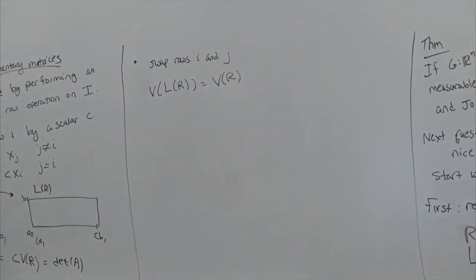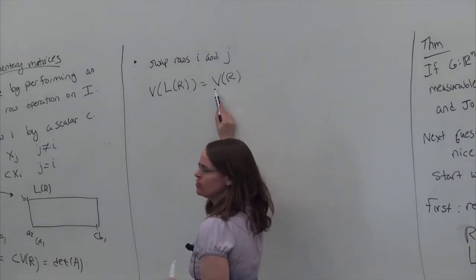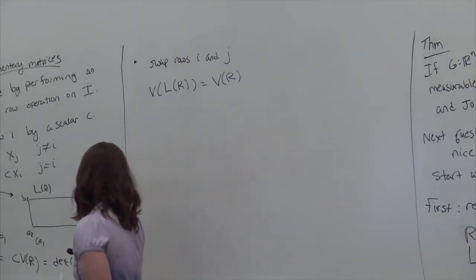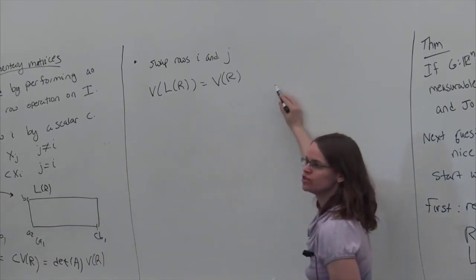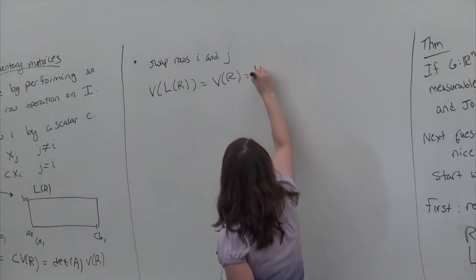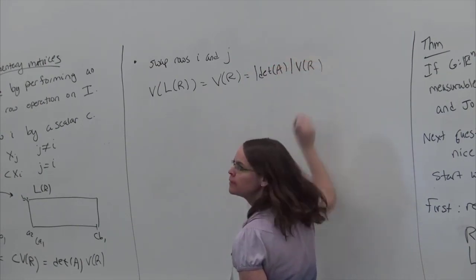And what's the determinant of my matrix in this case? Almost? -1, yeah. So it's not quite true that the volume is just the determinant of A times the volume of the rectangle, but it's at least the magnitude of the determinant of A times the volume of the rectangle.